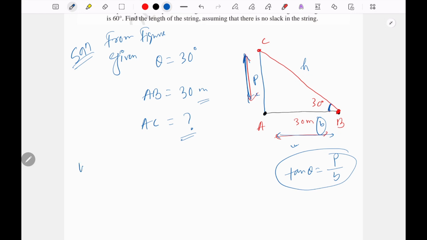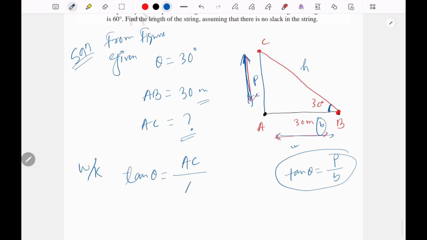So we know tan of theta is P by B. What is P? P is the length of this AC, and B is this AB.